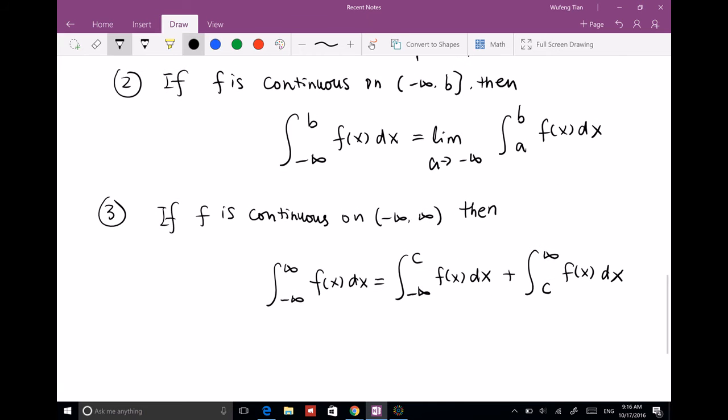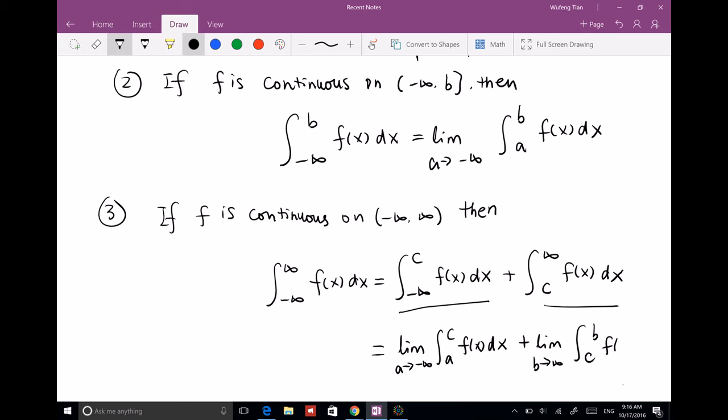Okay. So for each of them, you can use a and b. For this one, you can use limit a goes to negative infinity and a to c f(x) dx. For this one, you can use limit b goes to positive infinity and c to b f(x) dx.